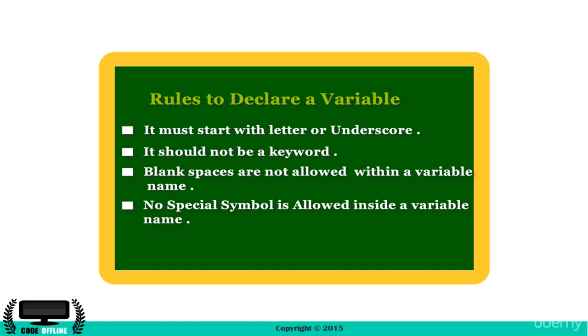There are 32 keywords available in C. You cannot use any keyword as a variable name. No blank spaces are allowed within a variable name, and no special symbol is allowed inside a variable name. There are certain special symbols such as @, hash, $, modulus operator, and much more. These special symbols are not allowed inside the variable name.